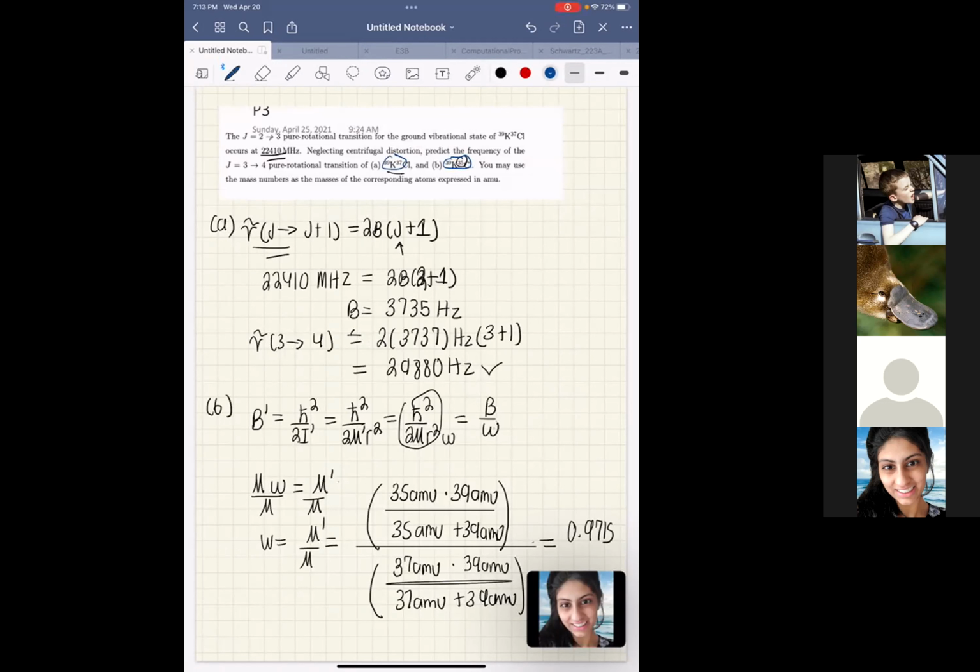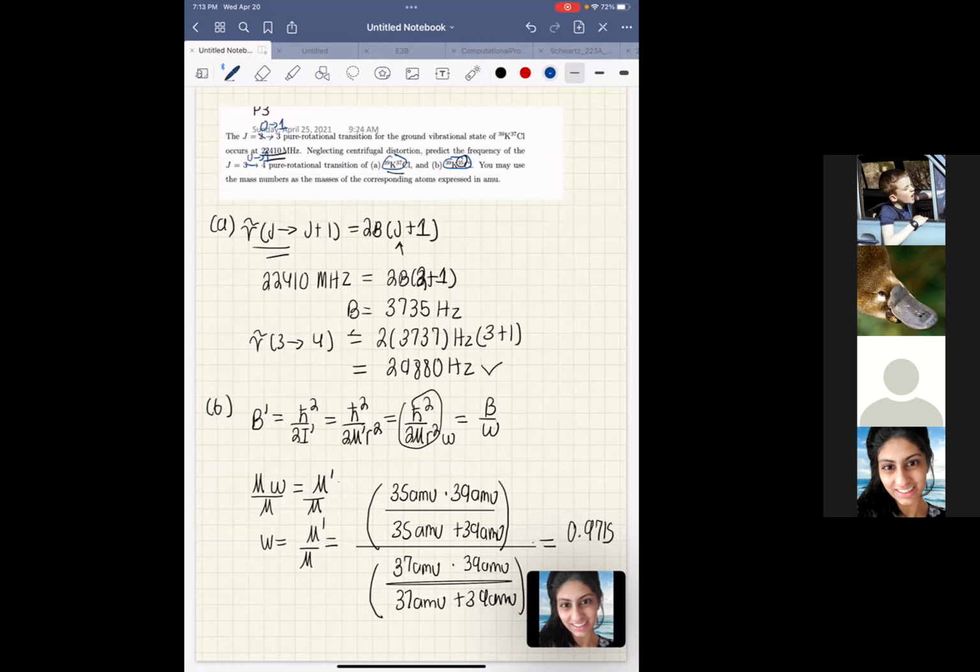Okay, so let's say for example this is 0 to 1, and you calculate that, then you can get your answer. You multiply by the old reduced mass and then divide by the new reduced mass, because the only thing that changed from one equation to the other is the reduced mass. That's only for dealing with the same transition, where the reduced mass is changing.